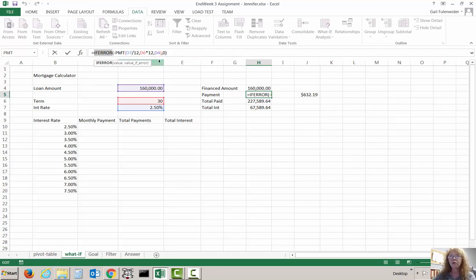If this first part before the comma gives me no error, then it will display the results. If it does give me an error, it'll display after the comma another calculation, a zero, whatever you want it to display. But it has to work with two parts.